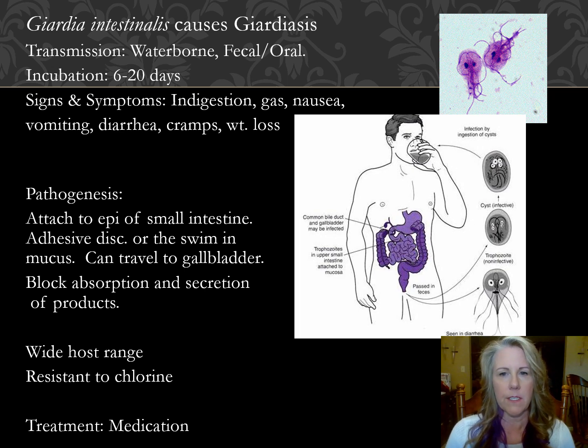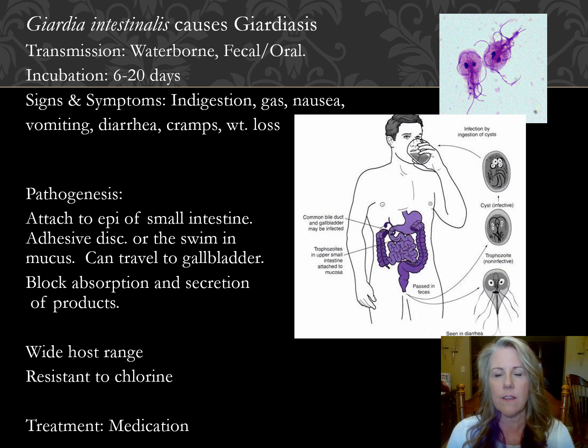Now, pathogenesis. What's included in that is these organisms will attach to the epithelial cells of the small intestine. They have an adhesive disc. If you take a look at the very top picture, there are two individuals and it almost looks cartoonish. Giardia really almost looks cartoonish, like somebody made that up, but that's actually what they look like.